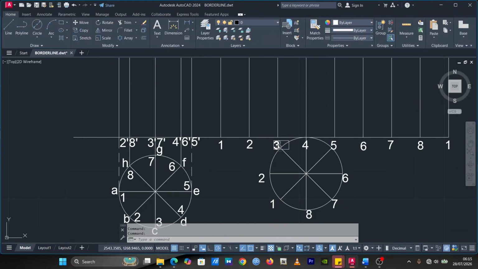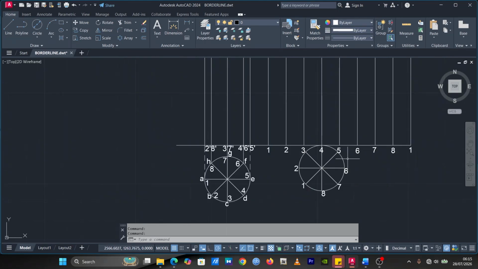So let's arrange it. So yes, we are going to have a loop this way.